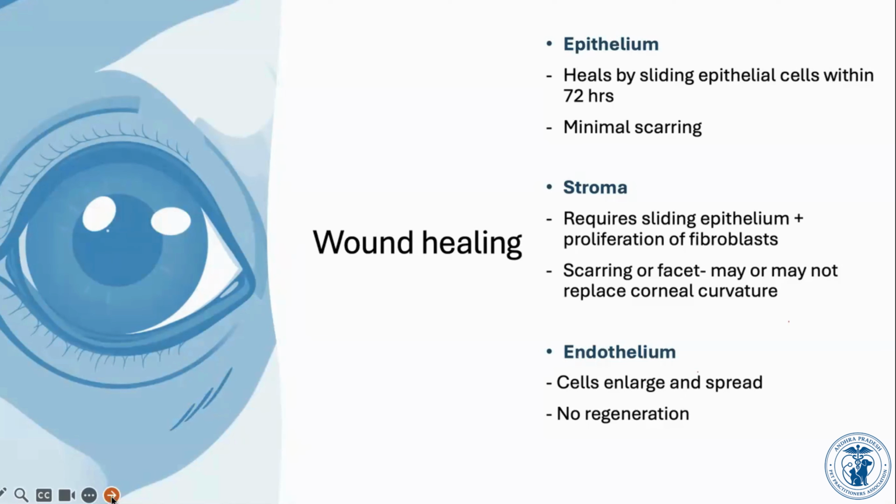In this sort of process, some of the endothelial cells go for death also, and that leads to endothelium degeneration. Usually in all the canines, felines, including humans also, endothelium doesn't regenerate. Only, I think, rabbits are the only species that have the capacity to regenerate their endothelium. So once an endothelial cell is lost, it's lost.